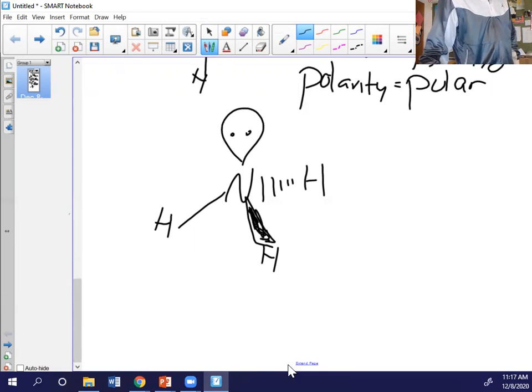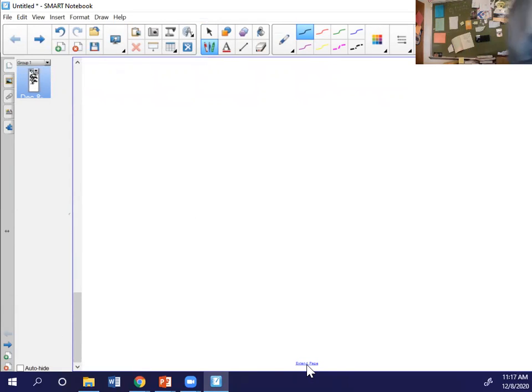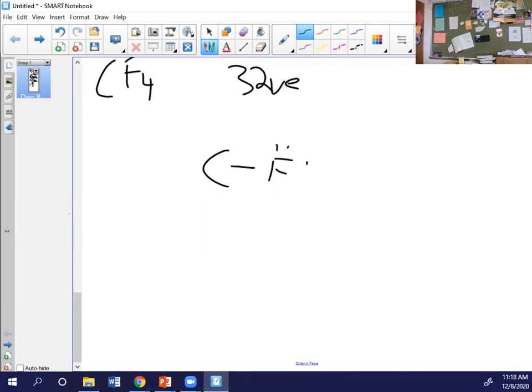All right, let's do CF4. CF4. So that's going to be 32 valence electrons. C is going to be in the middle. That's it. That's the Lewis structure.